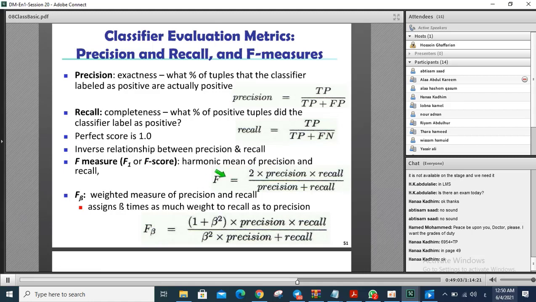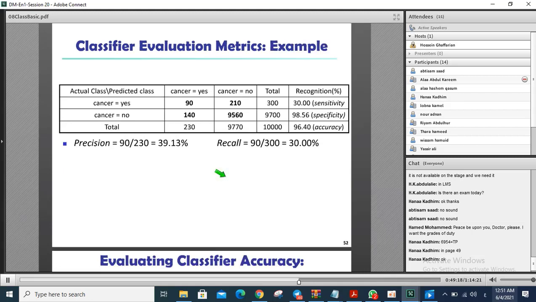If I put beta equal to 1, I reach this equation. We call it F1. So we can change beta in this case.